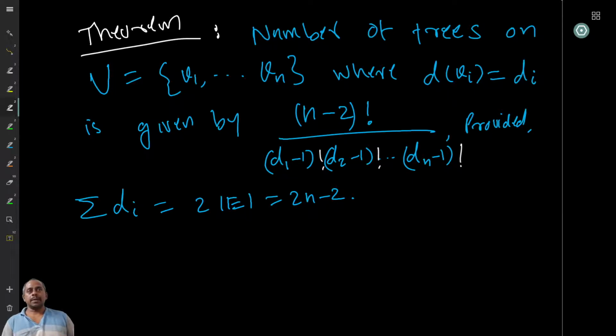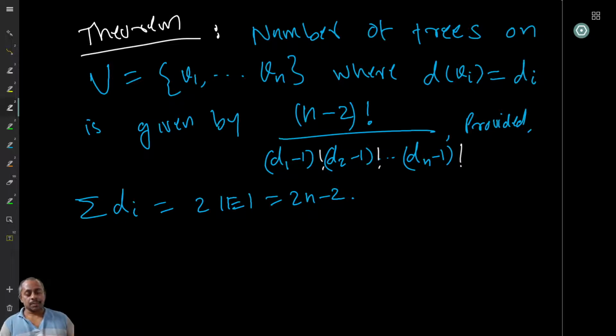Otherwise, we cannot do that. And if this sum is equal to 2n minus 2, then the formula is given by (n minus 2) factorial divided by (d1 minus 1) factorial times (d2 minus 1) factorial times ... times (dn minus 1) factorial.